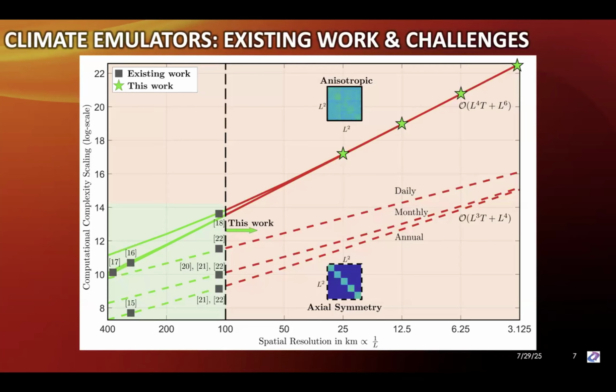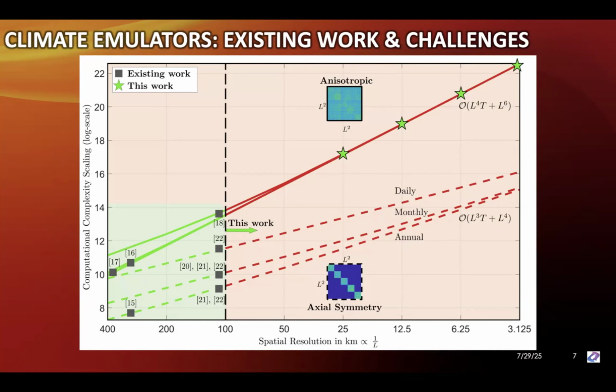This picture has been generated by Zubair, actually. It can summarize the contribution of our work here. On the left you can see the work up to 100 kilometer spatial resolution on the y-axis and the computational complexity on the x-axis.